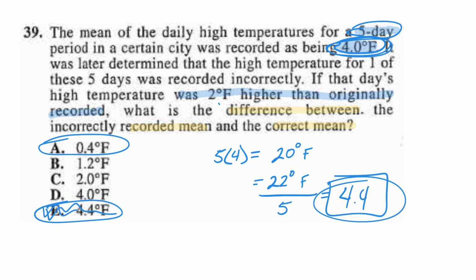These answers might even give that one away a little bit. You should know that it's not going to remain the same, because changing a temperature would not stay the same. And the fact that these two answers are the difference between 4, that's a good sign that those are an answer that is pointing to the correct answer.